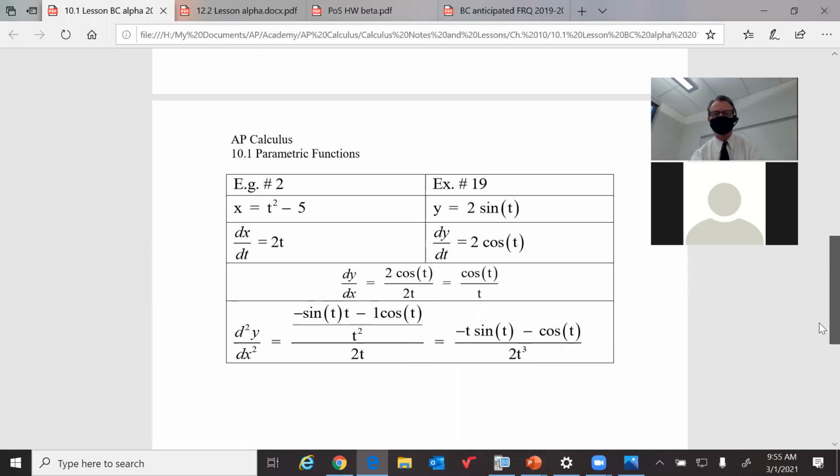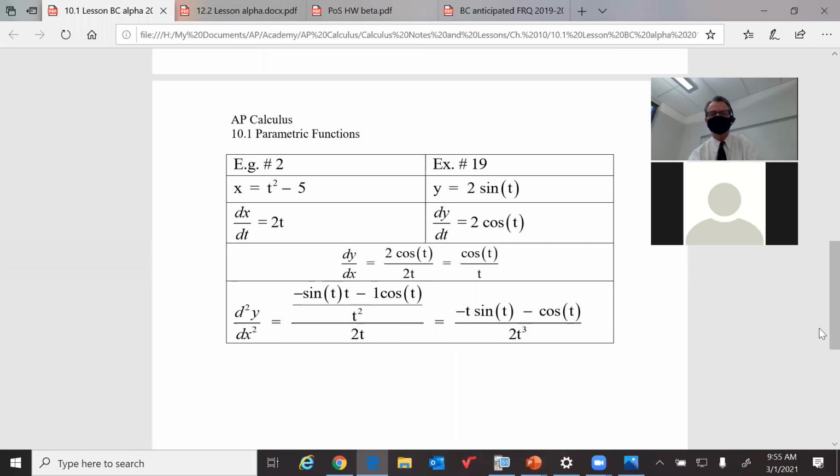Let's look at example 2. Example 2 is similar to what you just saw. X equals t squared plus a negative 5, y equals 2 sine t.